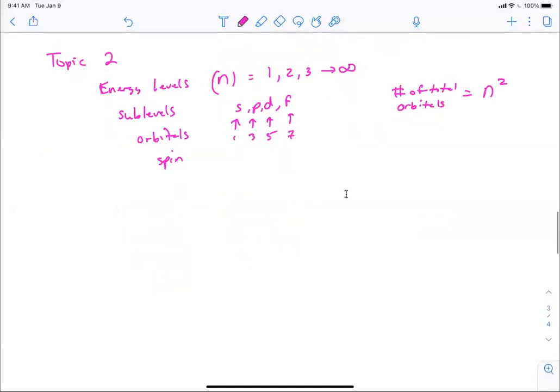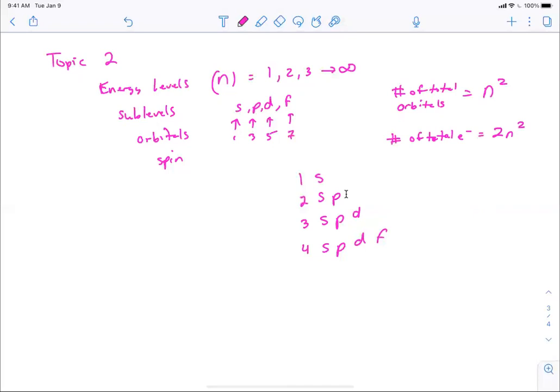And so you have to understand that 1 has S, 2 has S and P, 3 has S, P and D, 4 has S, P, D, F, etc. And so every energy level gains an additional sublevel, and that's why the number of orbitals increases overall. And that way, the number of total electrons that can be held increases as well. So number of total electrons is 2n squared because every orbital can only hold 2 electrons max.